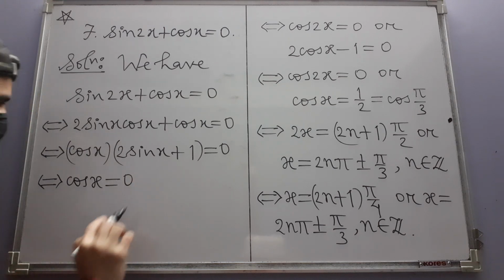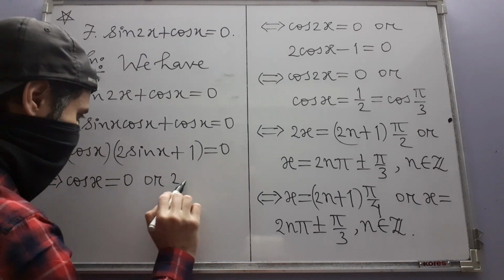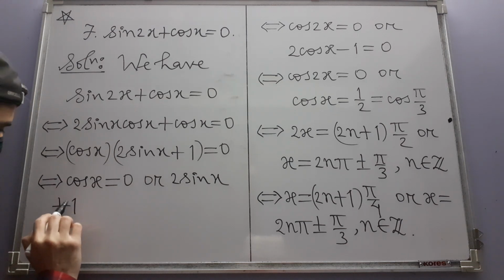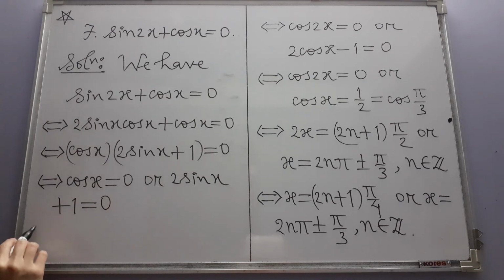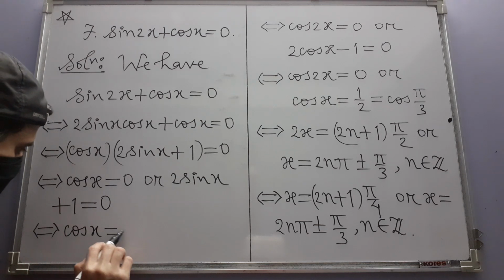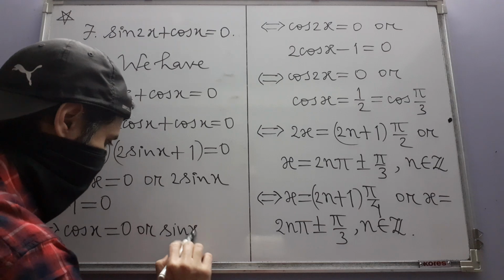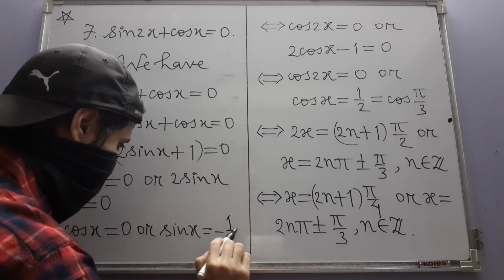So either cos x is 0 or 2 sin x plus 1 is 0. Or sin x is minus 1 over 2.